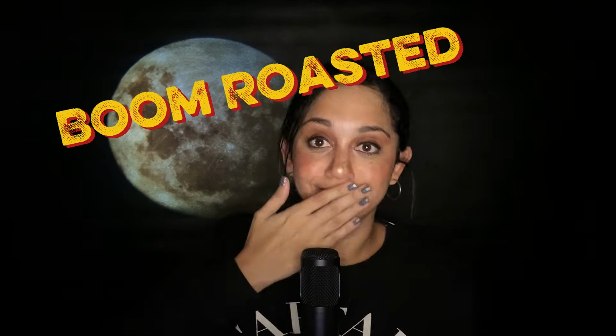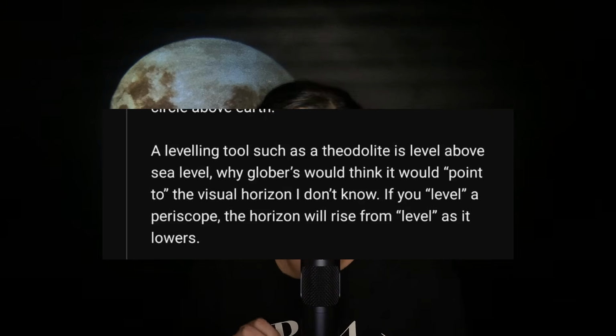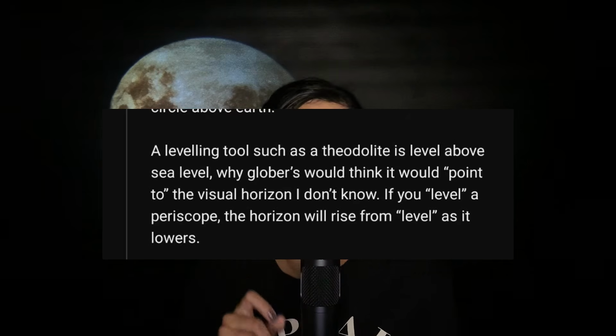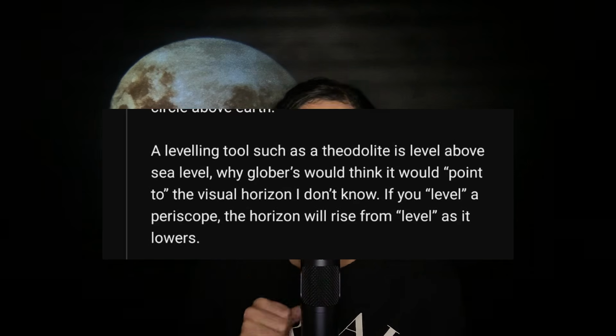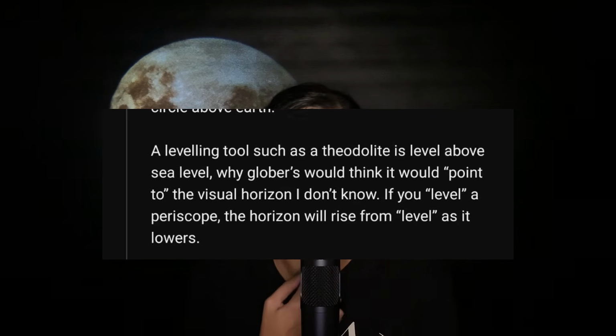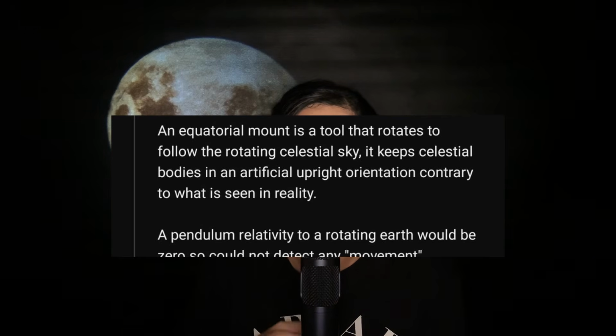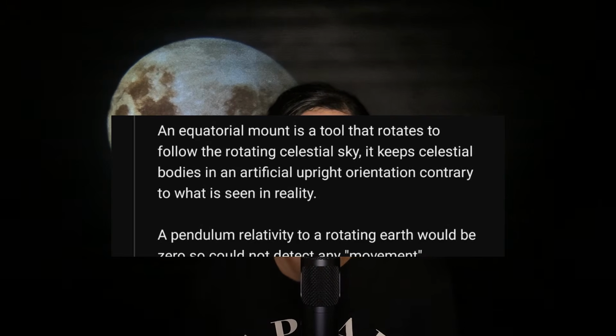Let's be honest. A leveling tool such as the Theodolite is level above sea level. Why globers would think it would point to the visual horizon, I don't know. If you level a periscope, the horizon will rise from level as it lowers. An equatorial mount is a tool that rotates to follow the rotating celestial sky. It keeps celestial bodies in an artificial upright orientation, contrary to what is seen in reality.